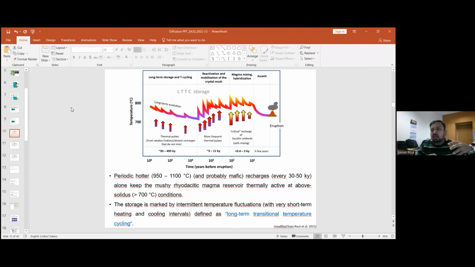Because if we increase the size of the pulse more than 40% of the reservoir, then it seems to be much more dominant, and we do not see the cyclic change anymore. It just straight away keeps on increasing.